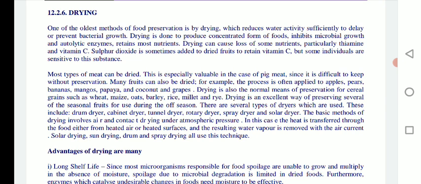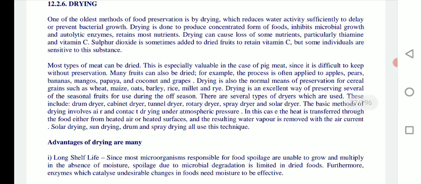So drying is done to produce a concentrated form of foods, inhibits microbial growth and autolytic enzymes, and retains most of the nutrients. What we do in drying is keep the food at open temperature, and we allow the water to evaporate from that food or any other food commodities.